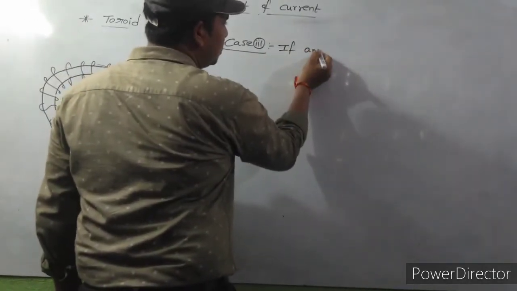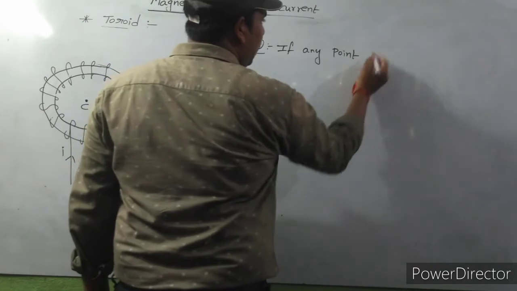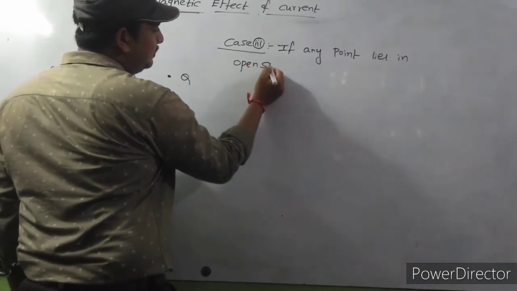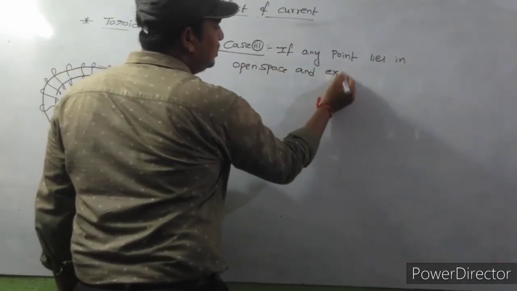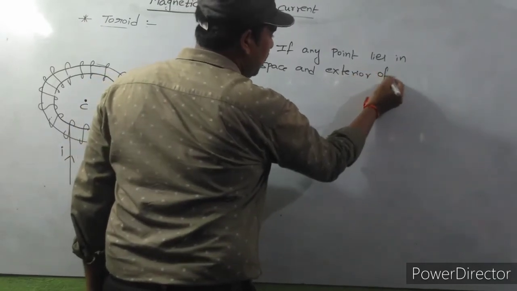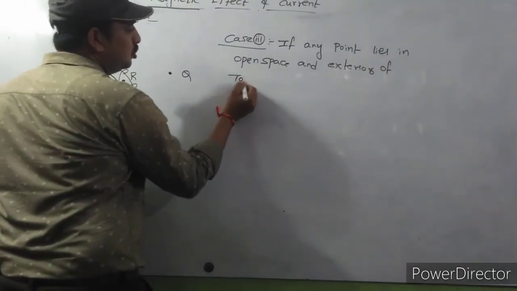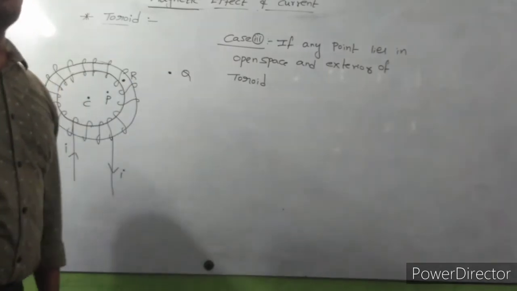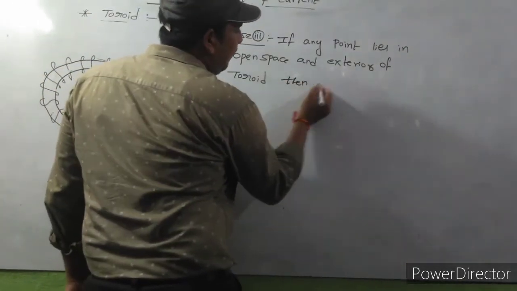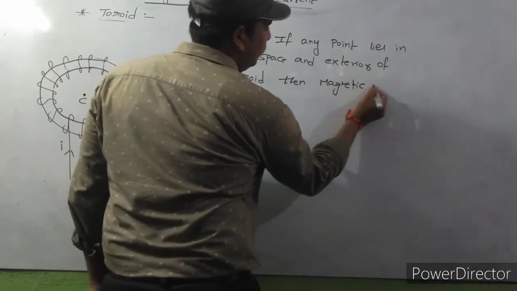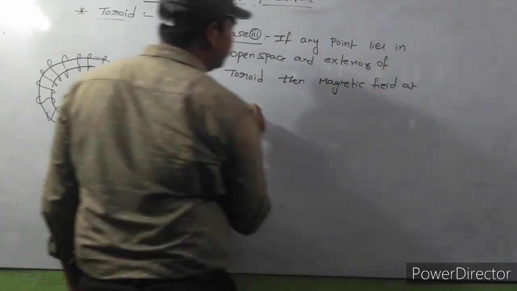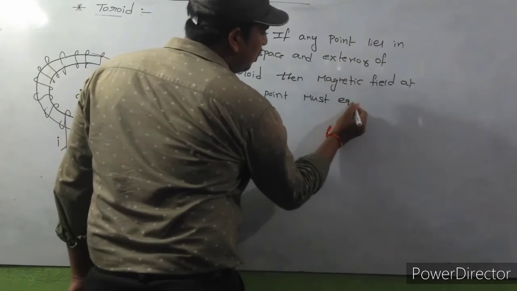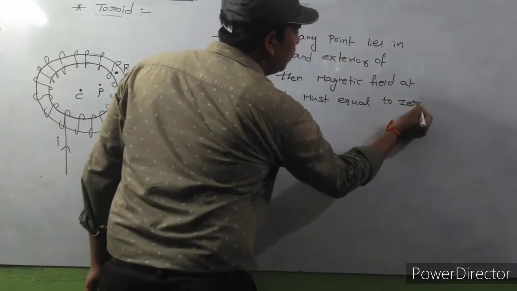If any point lies in open space and exterior of the toroid, then the magnetic field at that point must equal 0.